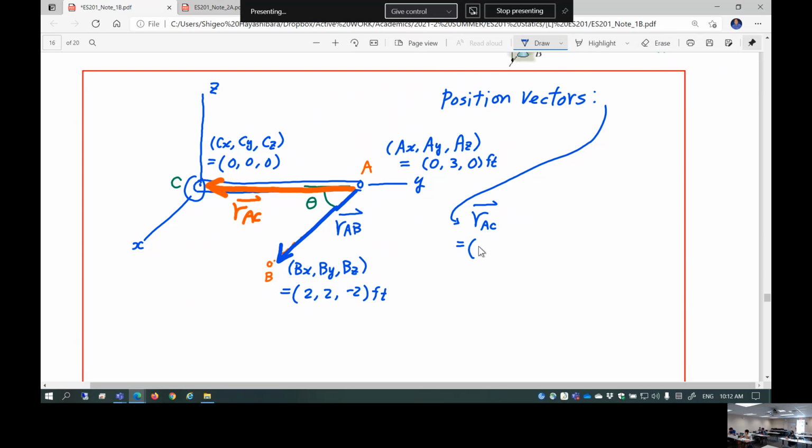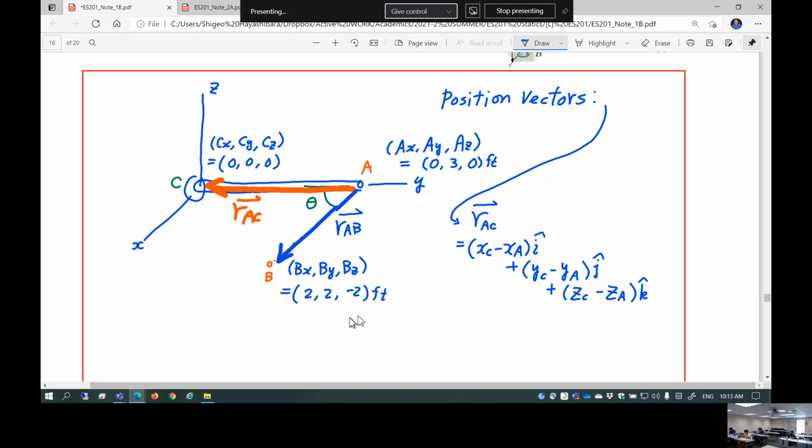This is going to be given by C minus A: XC minus XA, I, plus YC minus YA, J, plus ZC minus ZA, K. This is the standard notation.